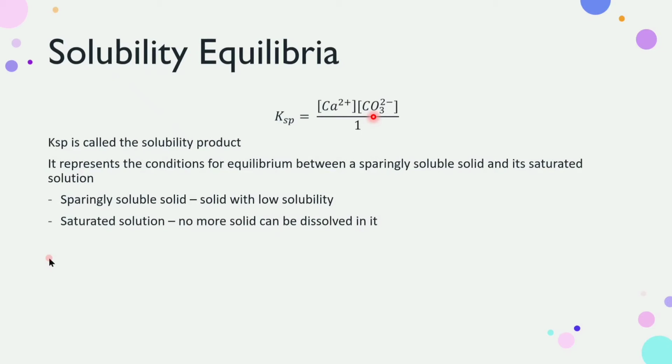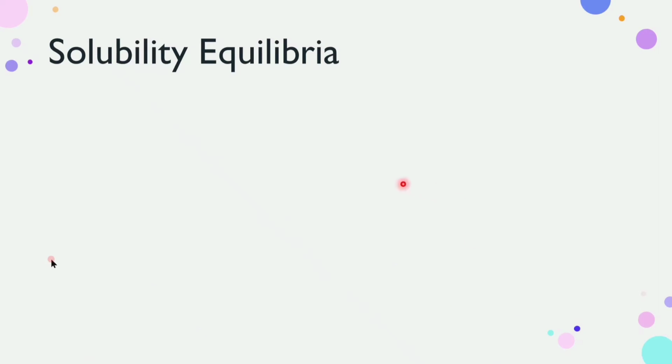So Ksp represents the conditions between these two states. It's important to note that the value of Ksp is a constant at a certain temperature, so it cannot change unless we change the temperature or the reaction.